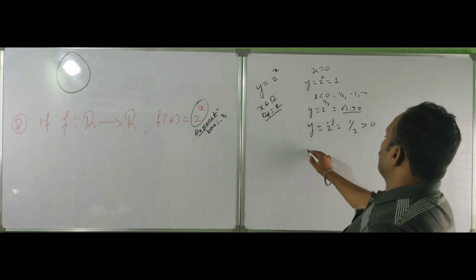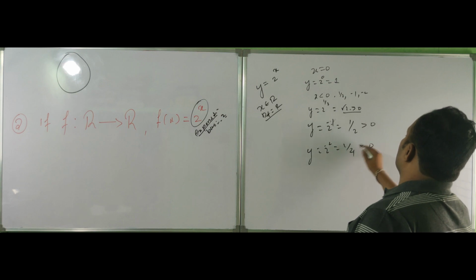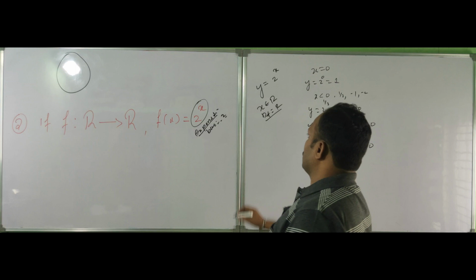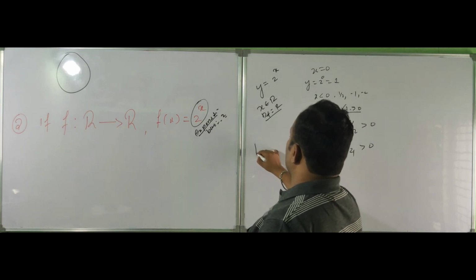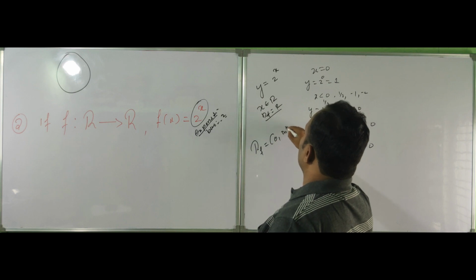Take y equal to 2 to the power minus 2, which becomes 1 by 4, again greater than 0. Therefore, the domain is R, but the range of f is 0 to infinity.